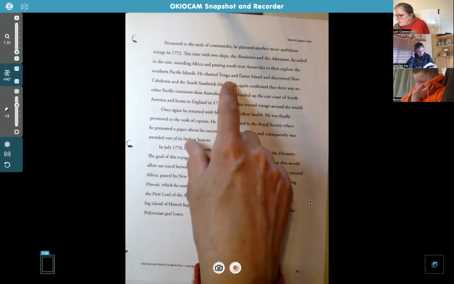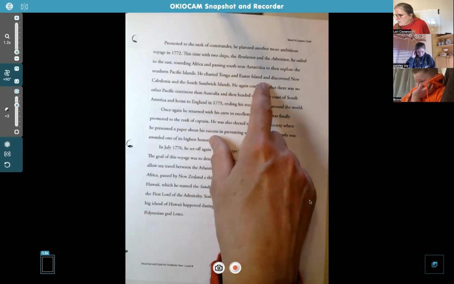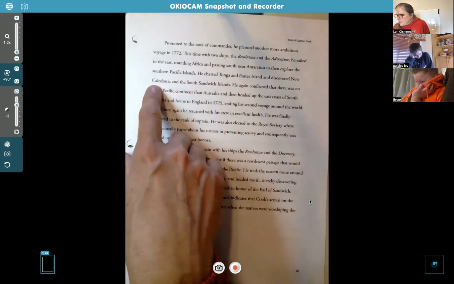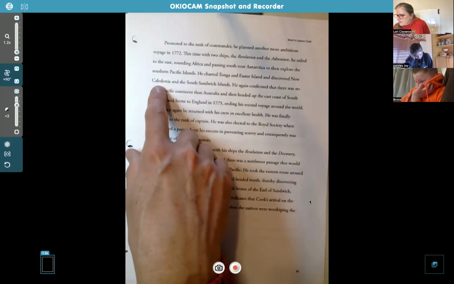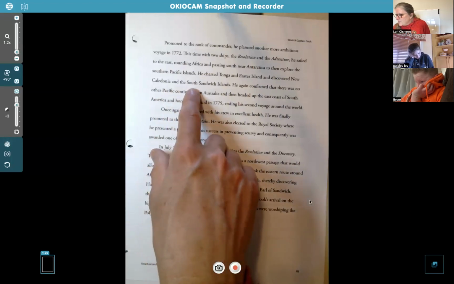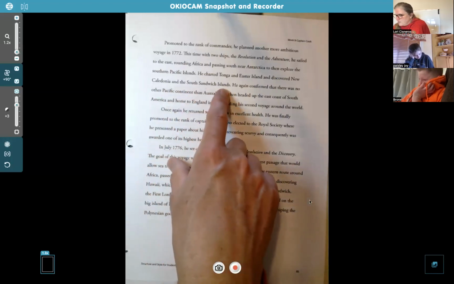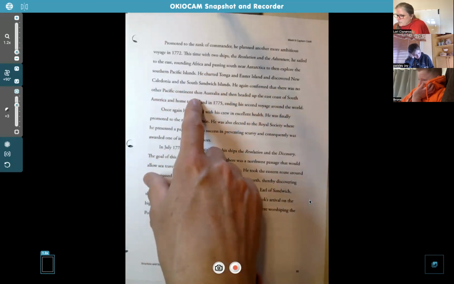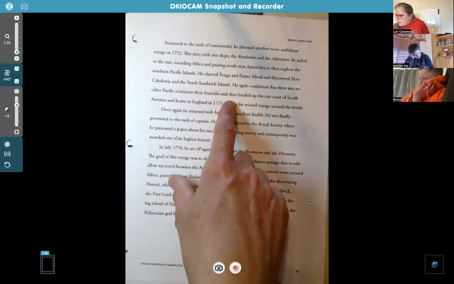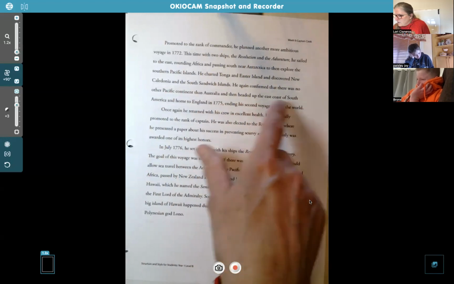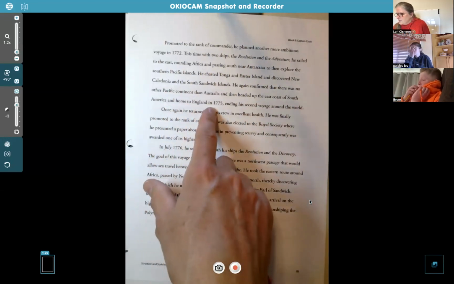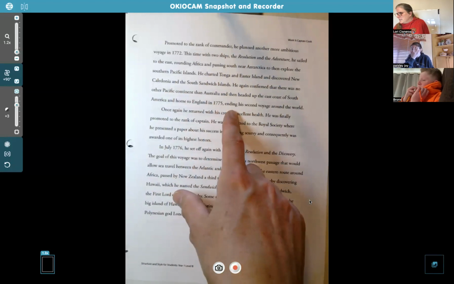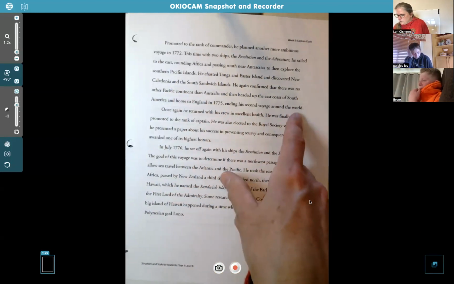He charted Tonga and Easter Island and discovered New Caledonia and the South Sandwich Islands. He again confirmed that there was no other Pacific continent than Australia, and then headed up the east coast of South America and home to England in 1775, ending his second voyage around the world.